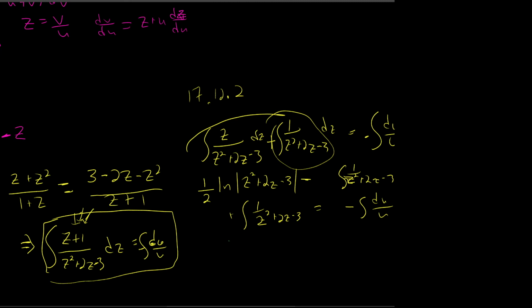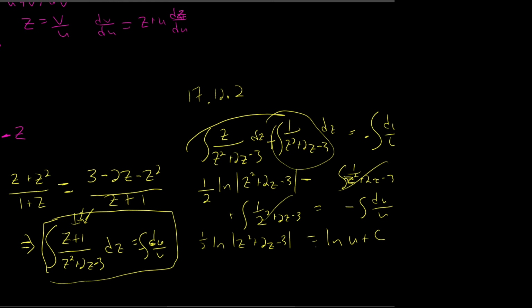All right, so I've separated that back out. I know these two cancel. Yay. And this thing here is ln of u, right? And so I get 1/2 ln z squared plus 2z minus 3 is equal to ln of u plus c.